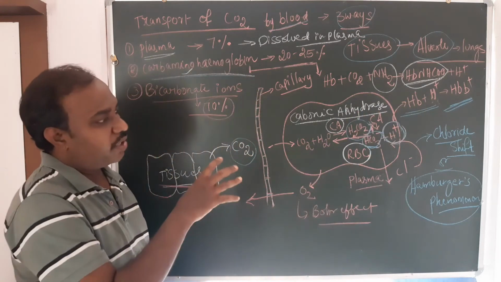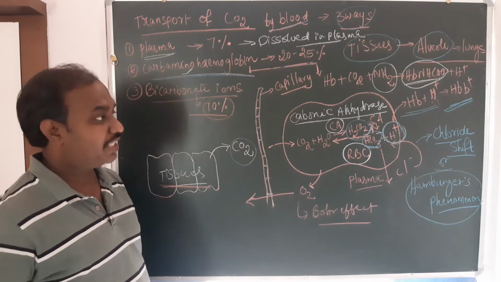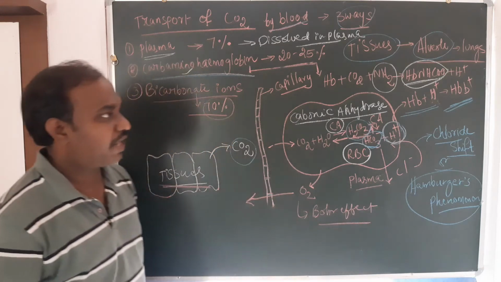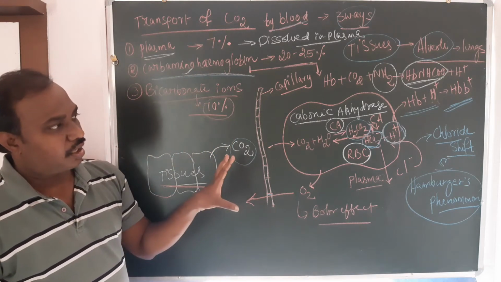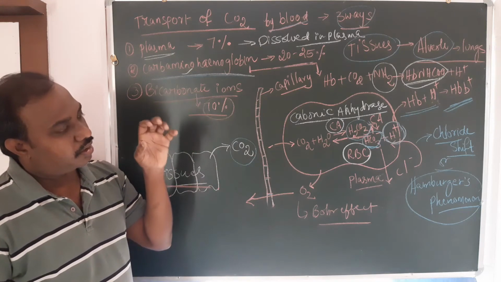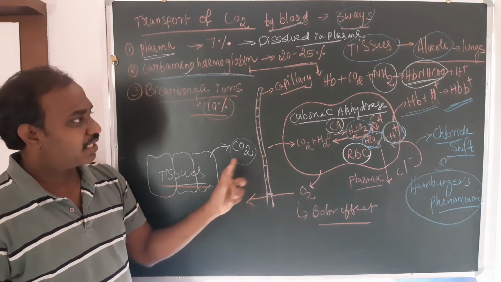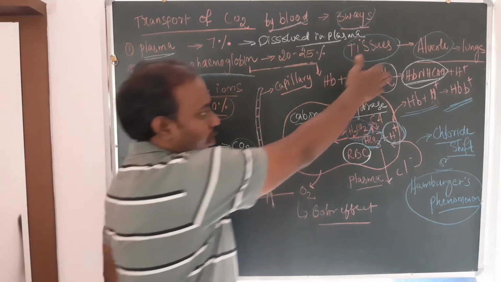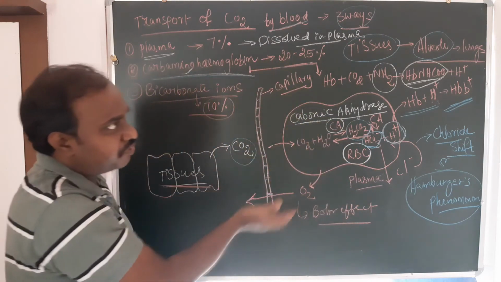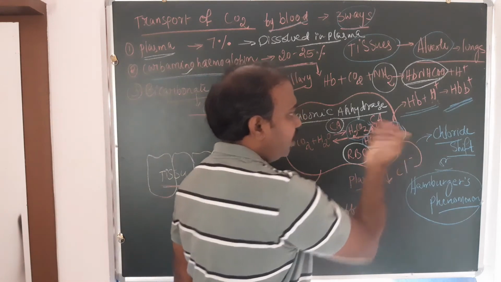What happens is there is dissociation of oxyhemoglobin. Yesterday we saw the factors which facilitate the dissociation of the oxyhemoglobin at the site of the tissues. When this oxyhemoglobin arrives from the alveoli to the tissues, you see an increased amount of H plus ions.